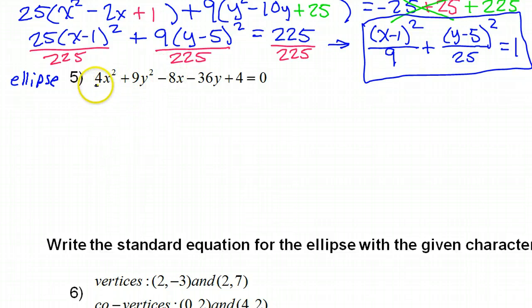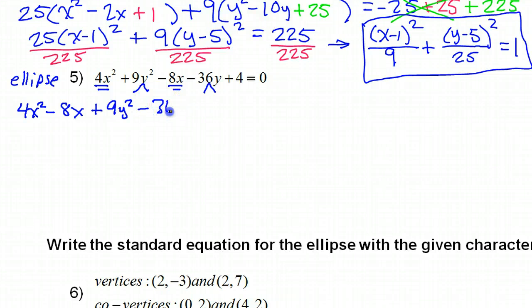Anyways, we need to combine these x values. So that's going to give me 4x squared minus 8x, and then do the y values. So that's plus 9y squared minus 36y. All right, let's get this 4 out of there. So that's going to equal negative 4.